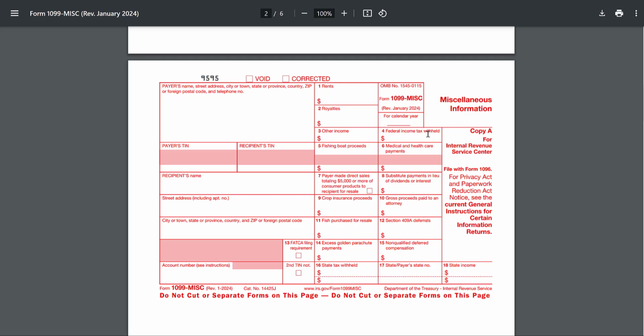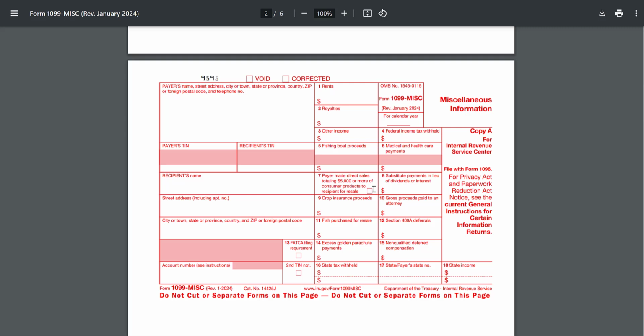Let's talk about some of these other items on here. So here's this box if you've made direct sales totaling $5,000 or more. Again, you can report this on either the 1099 NEC or the 1099 miscellaneous. You don't want to report it on both, okay? Only one or the other.